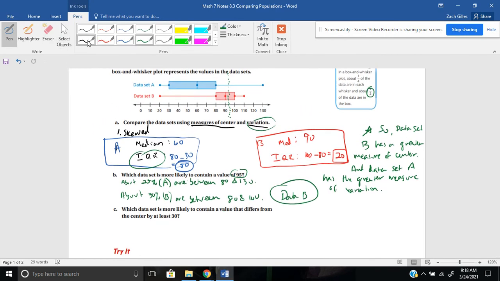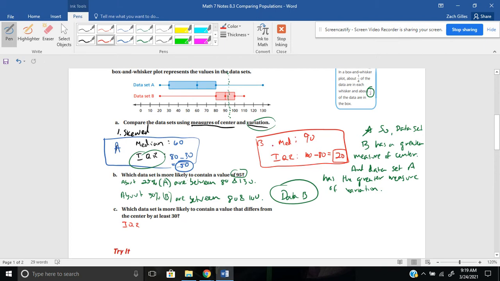And lastly, letter C asks, which data set is more likely to contain a value that differs from the center by at least 30? Okay, so what we're going to look at here is the interquartile range. So letter A has its interquartile range spanning from 80 all the way to 30. So that range is 50.